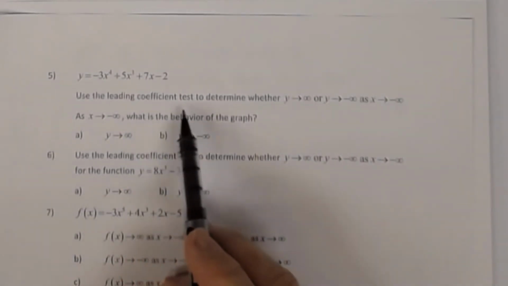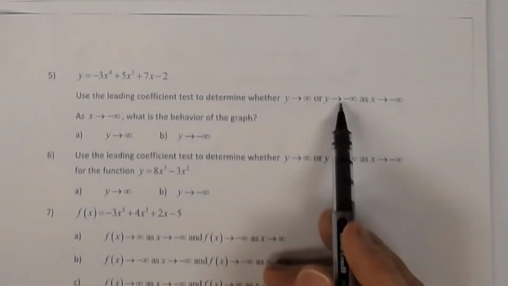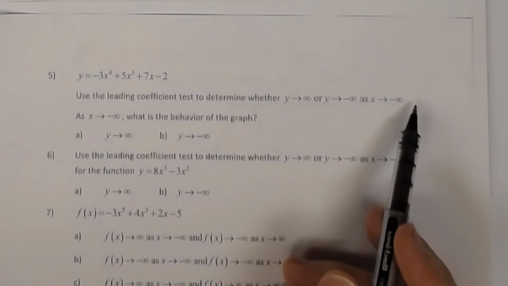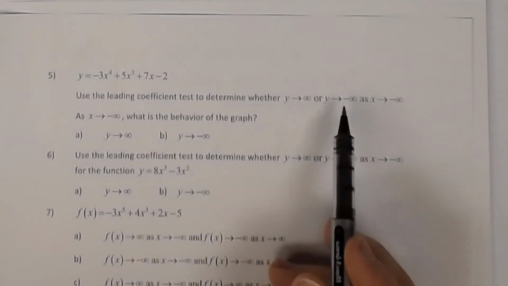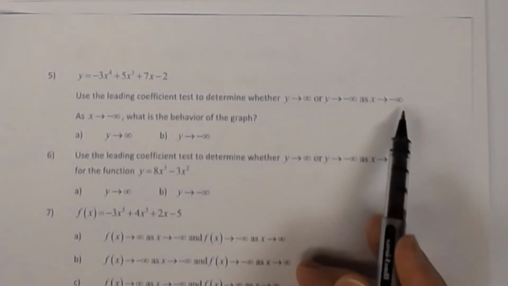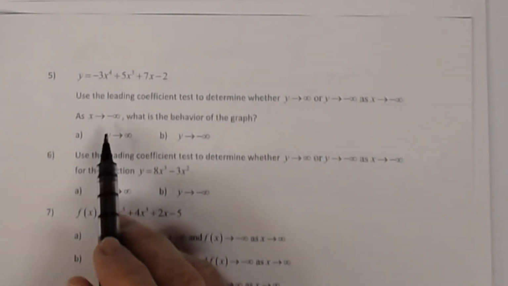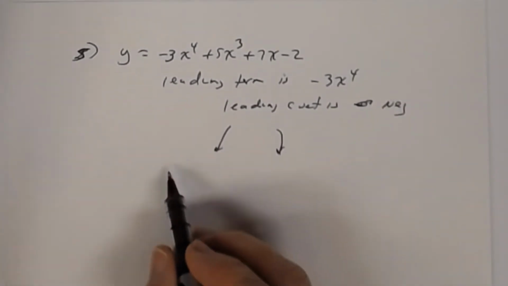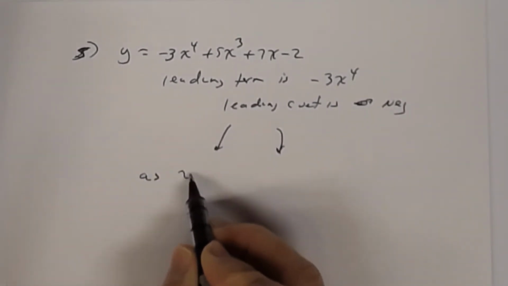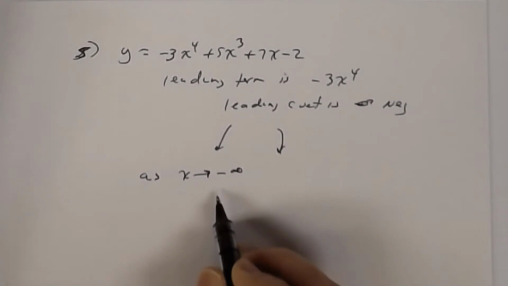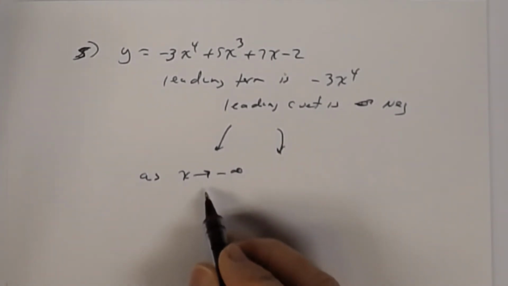so let's say we use the leading coefficient to determine whether y goes to infinity or y goes to negative infinity as x goes to negative infinity. As x goes to negative infinity, you're looking at the left behavior.